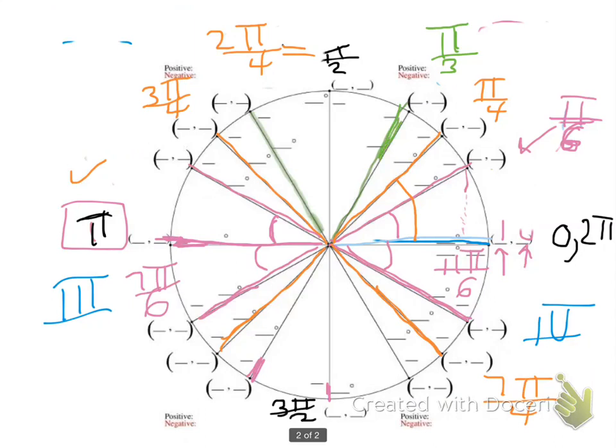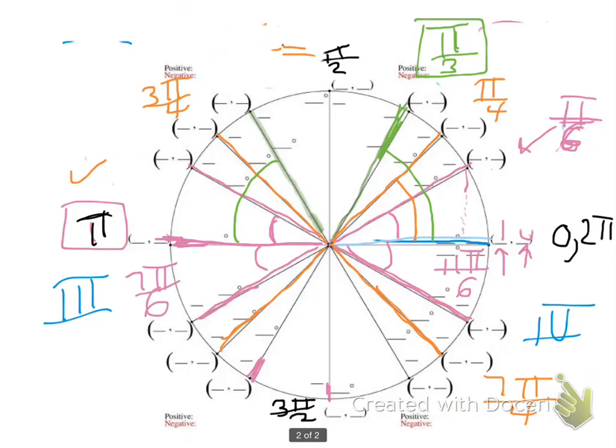So let's see if I can build that without getting too crowded in there. See that angle 60 that I just drew, and it turns out that there's another 60 degree over here, and if this is pi over 3, the green one, what happens if you add 1 pi over 3? You get 2 pi over 3.